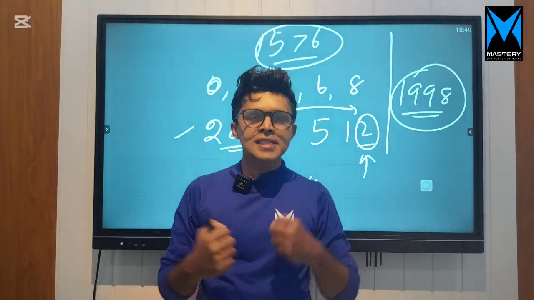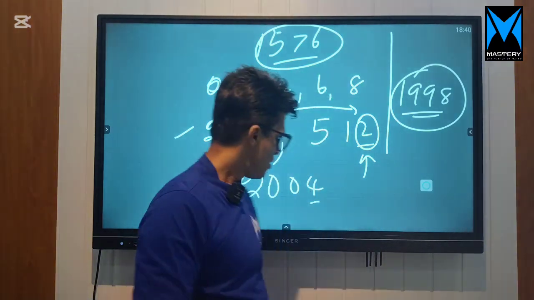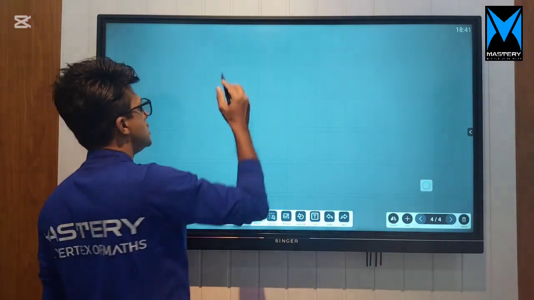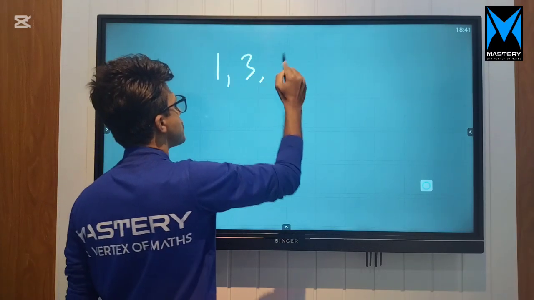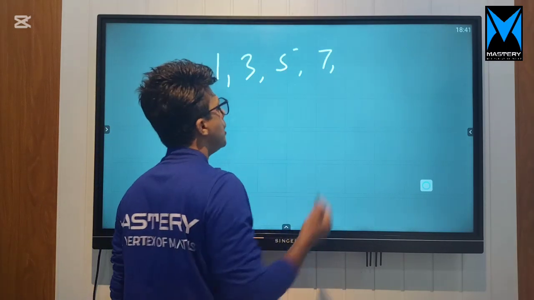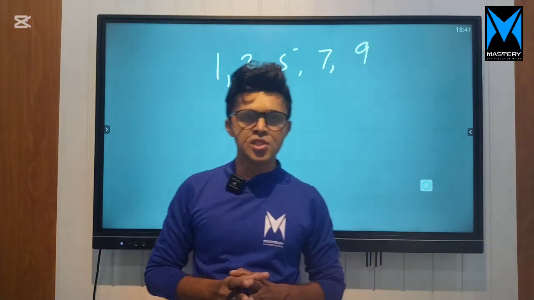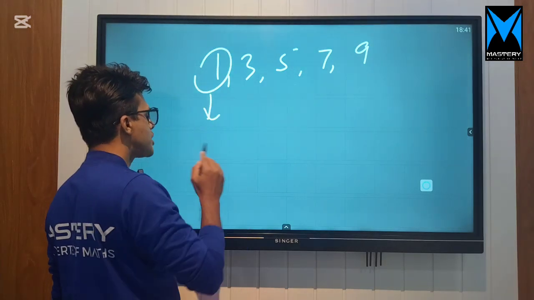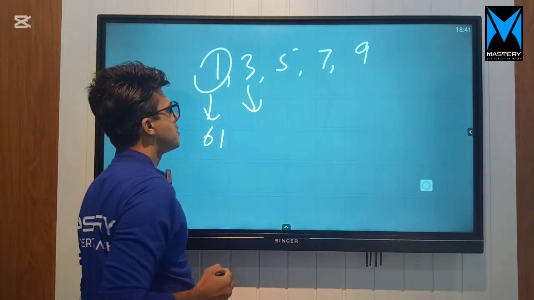So let's learn about some odd numbers. When you know even numbers, you are able to get odd numbers as well. Think of these digits: 1, 3, 5, 7, 9. If you are able to see these digits in the ones place, I will give you an example. 61. 61 can be identified as an odd number.